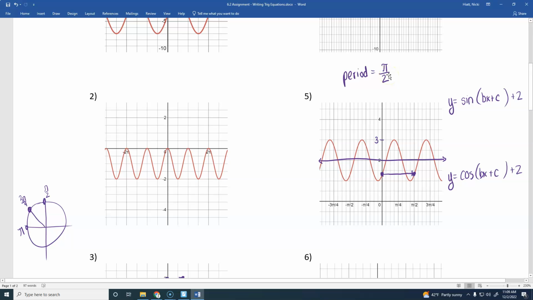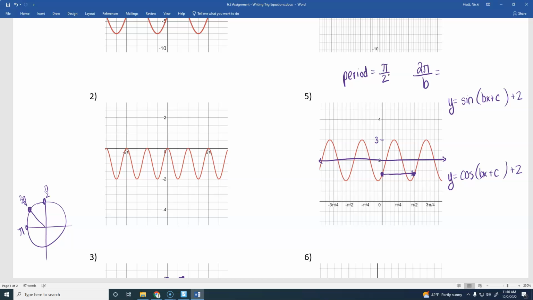All right? So you may be able to figure this out just in your head. If you can, that's great. But what we can do every time, even if it's like a complicated number that we're having difficulty figuring out, is we know to find the period, we do 2 pi divided by b.